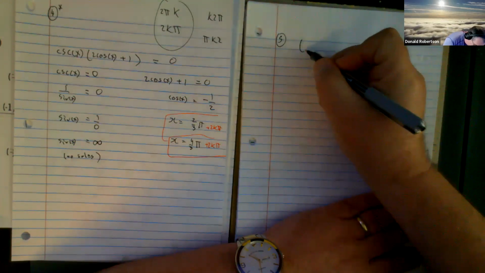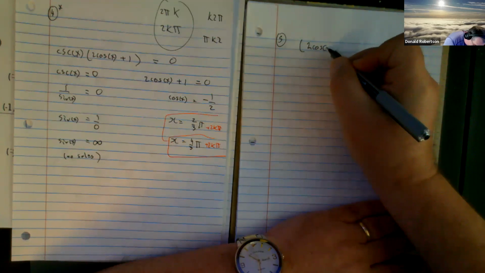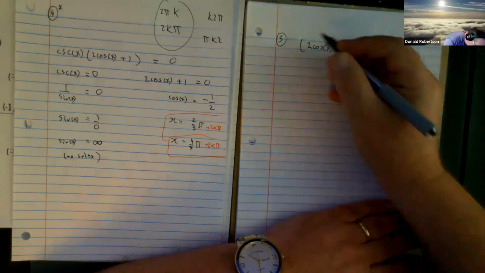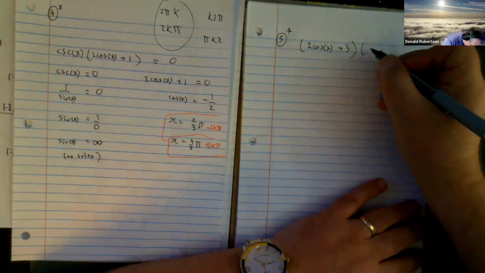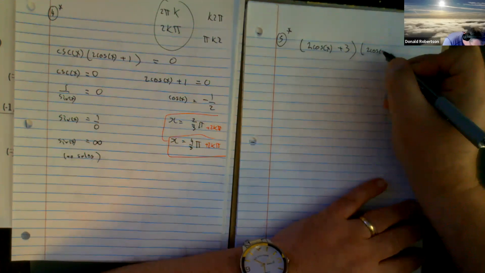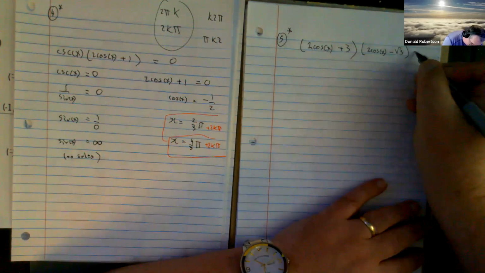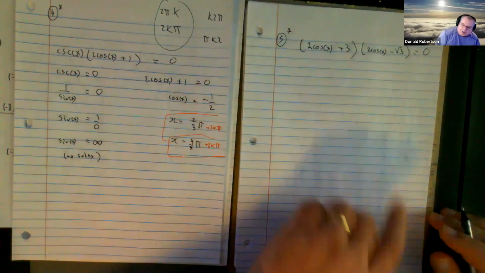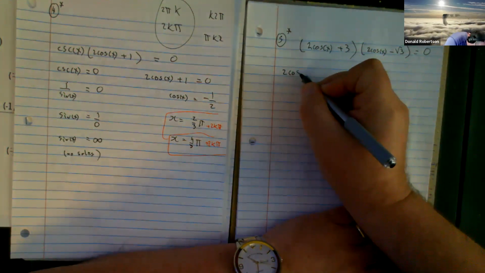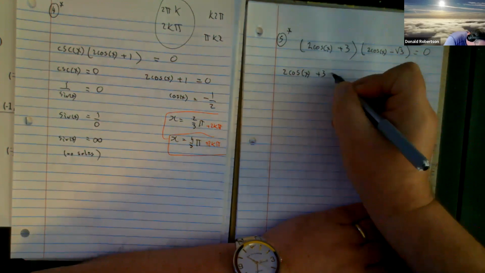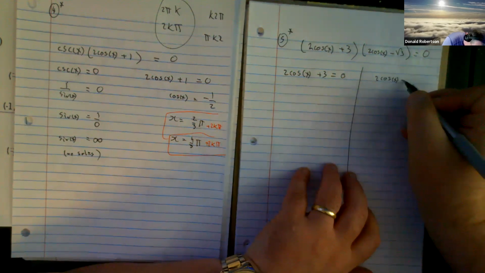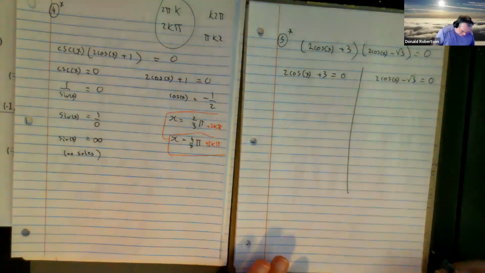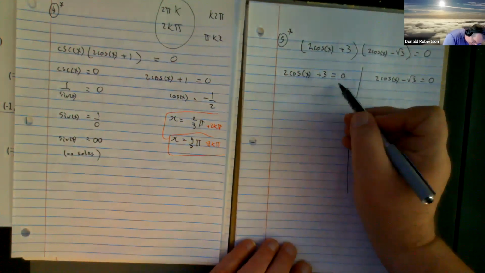Let's do a version of 5. And this is a made up version, so it's not really exactly like 5, but it has some of the features. Two things multiplied. So we're going to have that guy is 0. And the other situation is going to be solving to make that guy 0. Let's do this one, because this one is kind of sneaky.